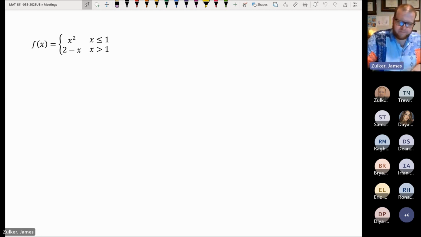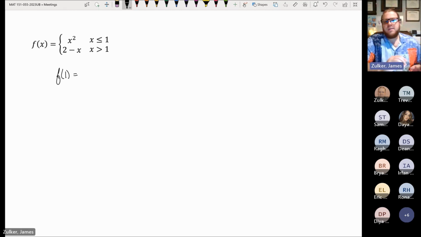So let's check that breakpoint. f of 1 equals 1.